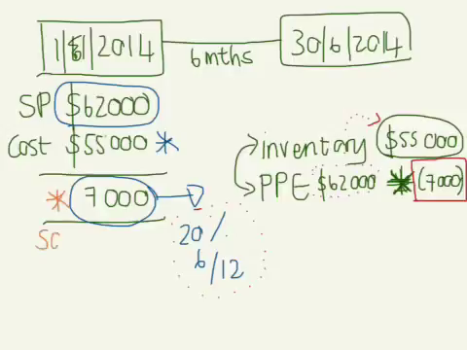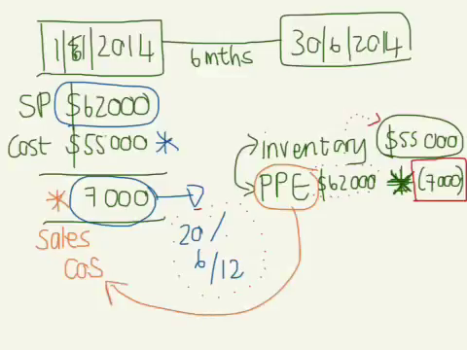So of course that's going to affect your sales revenue and your cost of sales, as well as then the adjustment on the value of the asset. So that's the one part of the consolidation worksheet entry. The other part relates to the depreciation.